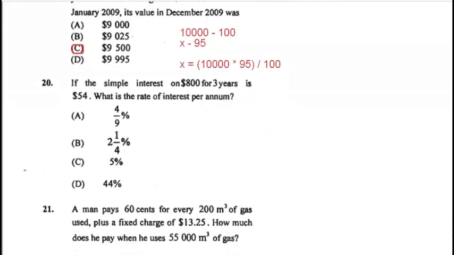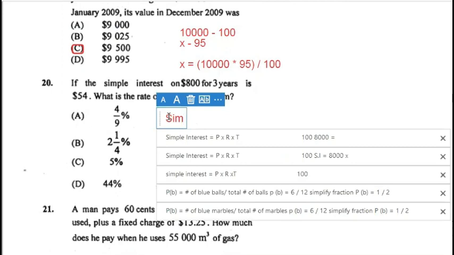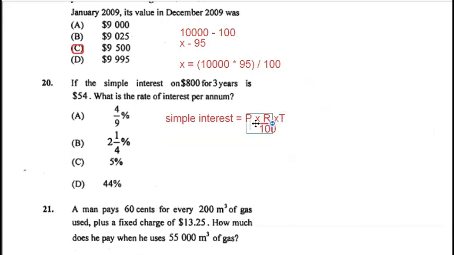20. If the simple interest on $800 for 3 years is $54, what is the rate of interest per annum? So we've done simple interest on almost every paper so far, so we know what our formula is. So simple interest is equal to principal times rate times time, and all of that is divided by 100.